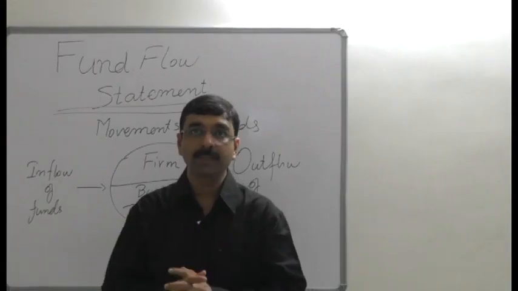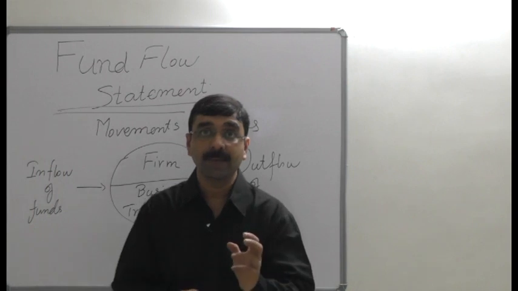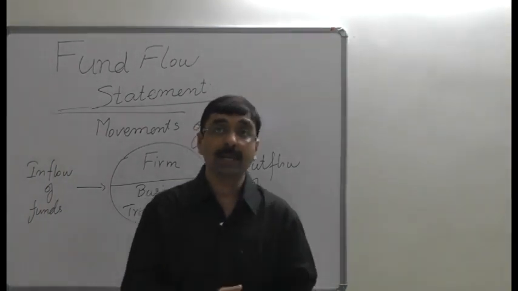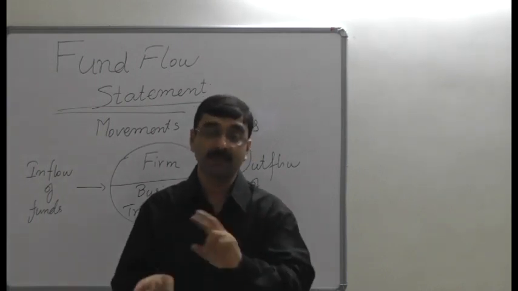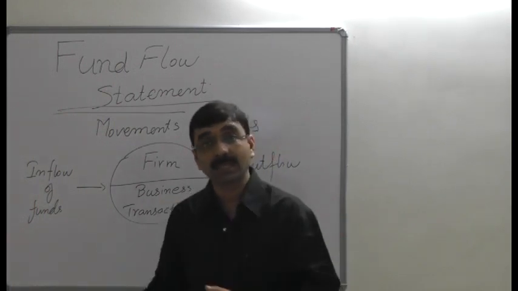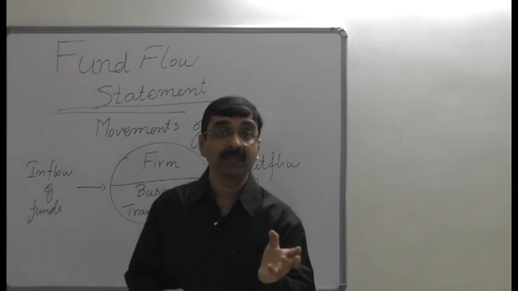The flow of funds occurs when a transaction affects, on the one hand, a non-current account and on the other hand a current account, and vice versa. That means if the transactions occur in a non-current account as well as in a current account, then it may be identified as a flow of funds.